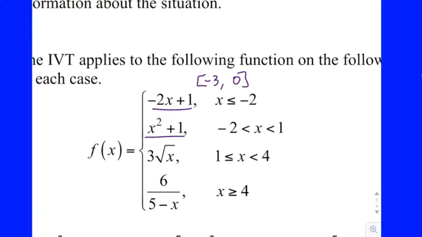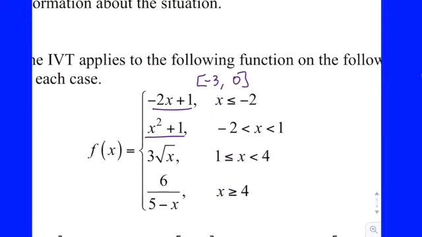Will it be continuous at the endpoints automatically? Yes, because -3 is on the interior of the top piece, which is a line. So it's continuous at -3. And 0, the right endpoint, is on the interior of x²+1, which is also continuous everywhere on the interval. So we know it's going to be continuous at the endpoints. The only place where it might not be is where? At -2, where it switches.